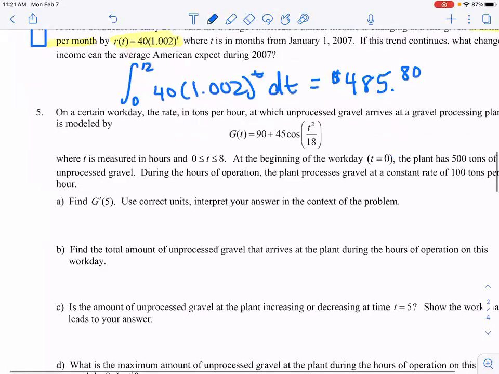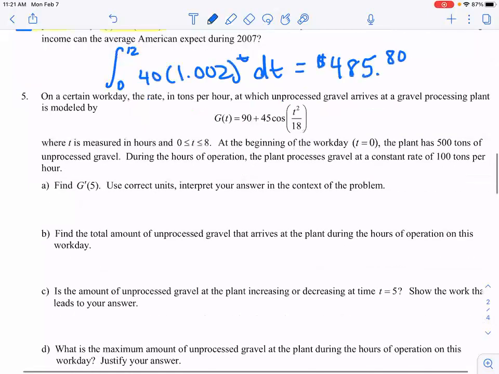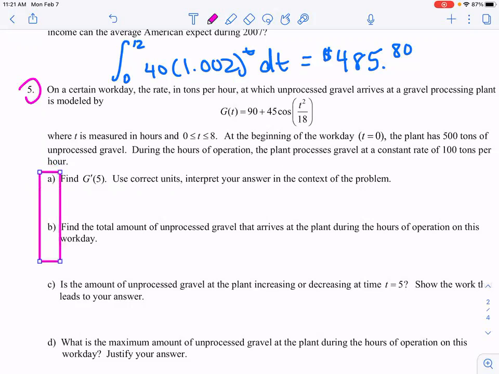Okay. Last but certainly not least, we are going to look at number 5, but only parts A and B. So read through number 5, and then I want you to work through A and B. You can use your calculator on this one also.